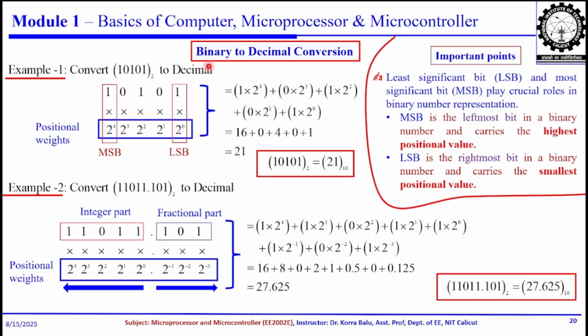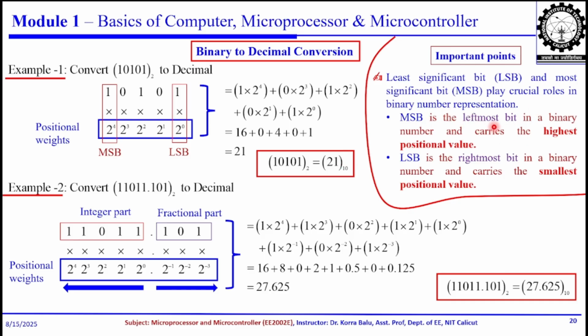The decimal system doesn't have a conversion table. If the decimal system had a conversion table, then we could easily map this into 3 or 4 bits and represent it in the hexadecimal or octal number systems. Later I will discuss that. And what is significant here? The two important points: the least significant bit and the most significant bit play a crucial role in binary number system representation.